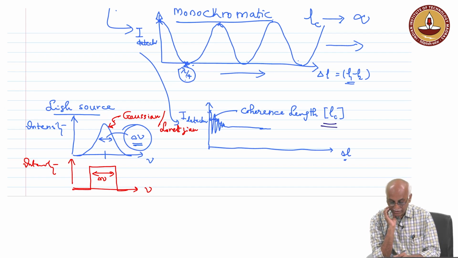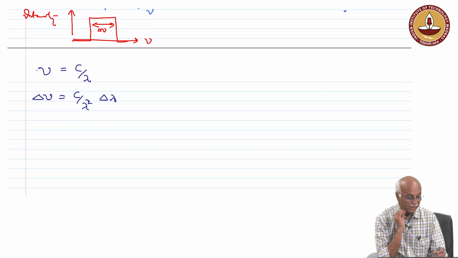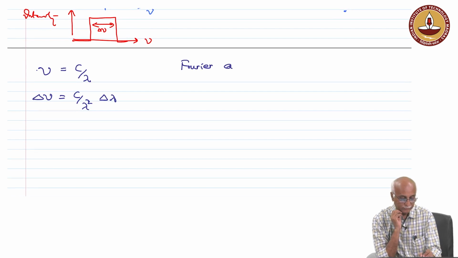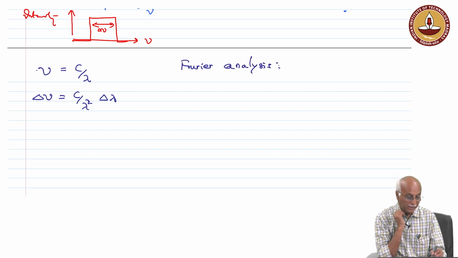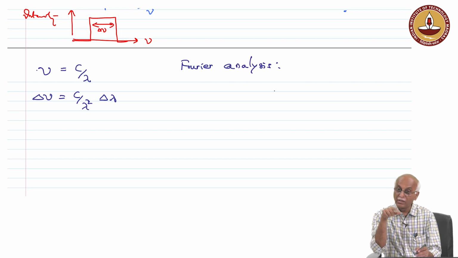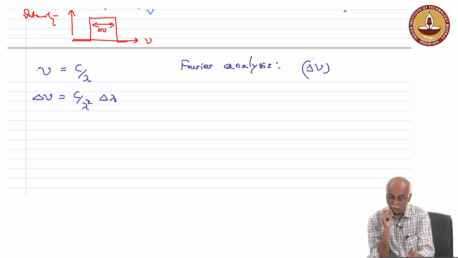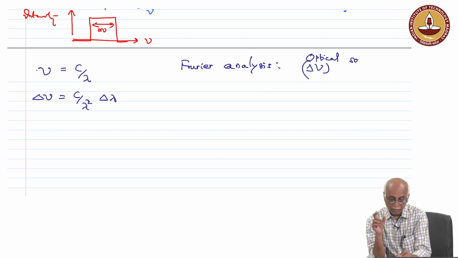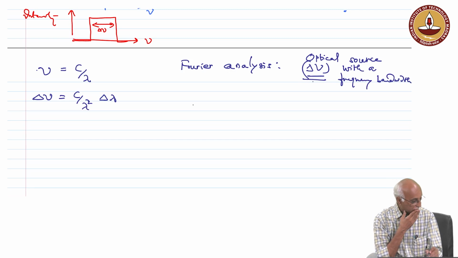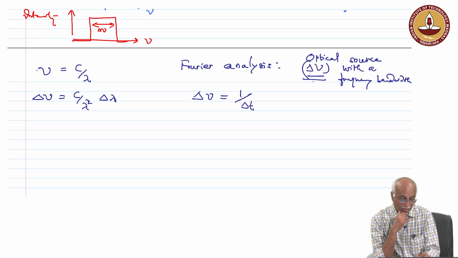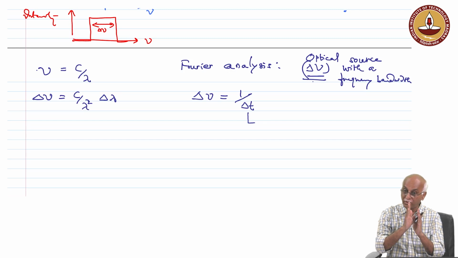So, if we see in terms of Fourier analysis, an optical source with a frequency bandwidth delta nu can be given by 1 upon delta t, and this delta t is the time bandwidth.